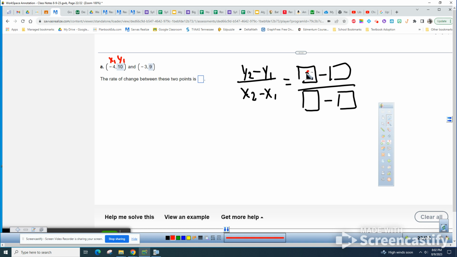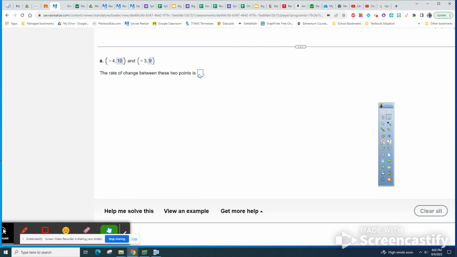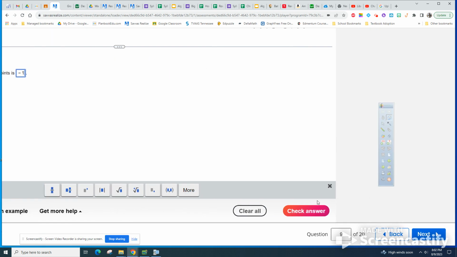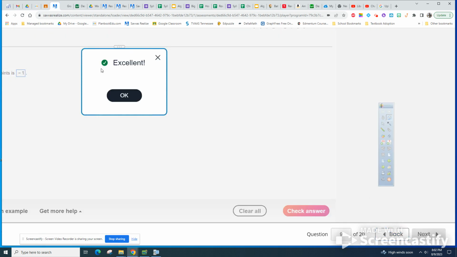We're going to do 9 minus 10, and then negative 3 minus negative 4. This is why I like the boxes. That's going to give me negative 1 over negative 3 plus 4, so that's positive 1. So the rate of change is going to be negative 1. I'd leave it there, but since we got to keep on going, I'm going to put it in. Excellent.